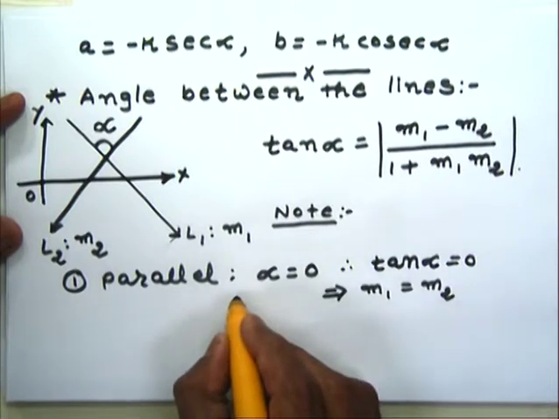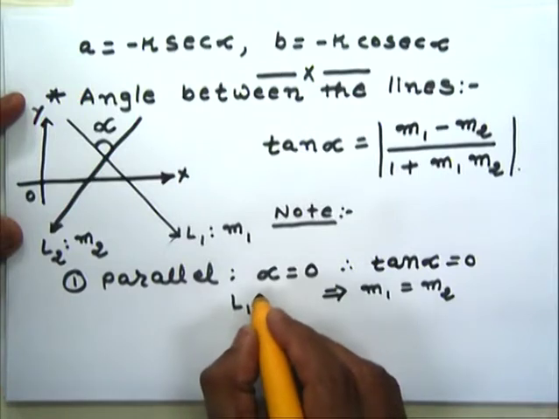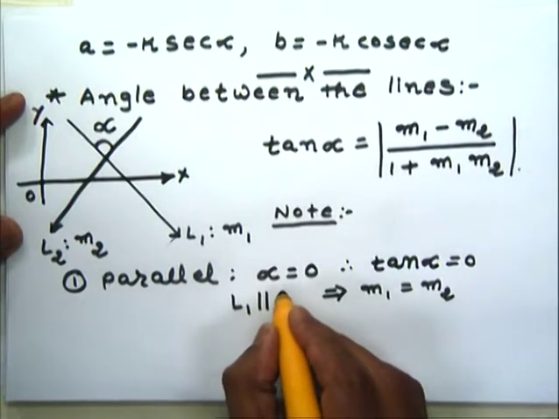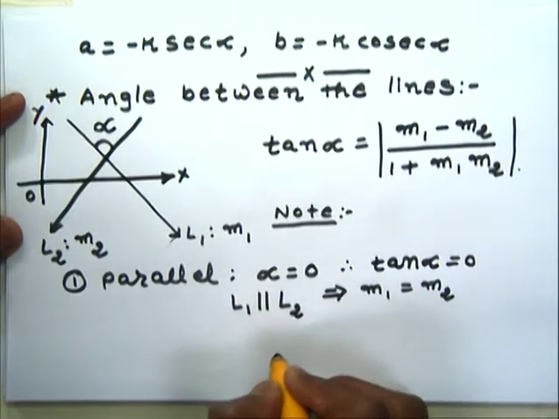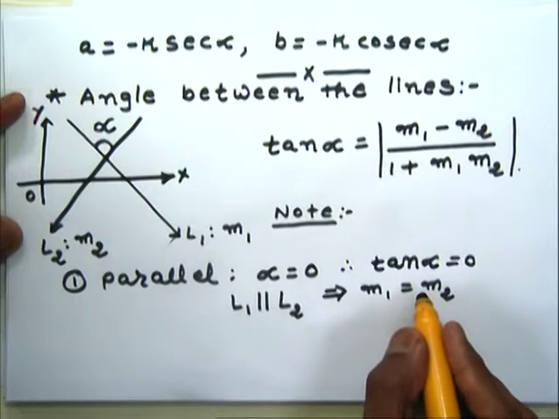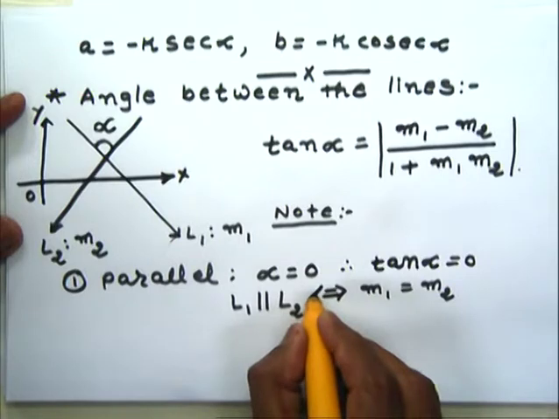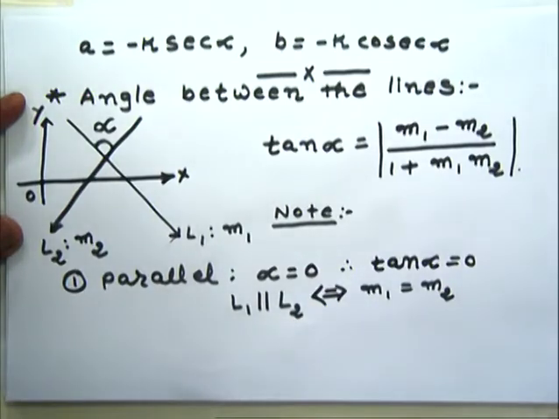So we conclude that if line number 1 is parallel to line number 2, then m1 is equal to m2, and if m1 is equal to m2, the lines are parallel.